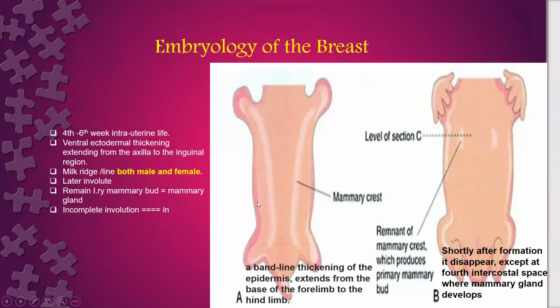In a simple way, during antenatal life, there is a band of ectodermal thickening extending from the axilla to the groin, on both sides. Shortly after it develops, this band regresses and disappears, except for a small area projecting over the chest, forming the primary mammary bud.